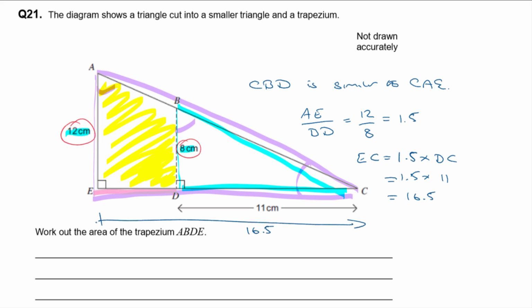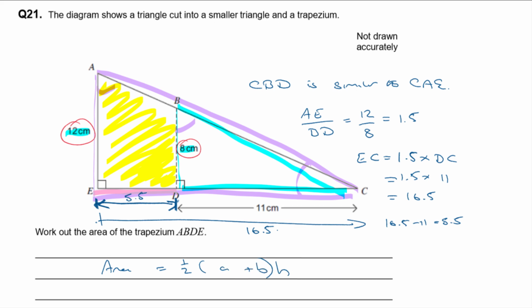If that's 16.5, then this part up here, look, is going to be 11 taken away from 16.5. So 16.5 subtract 11, that's 5.5. So that's going to be 5.5 there, and that's the height then of our trapezium. So then, now I know that, then the area is going to be half A plus BH.